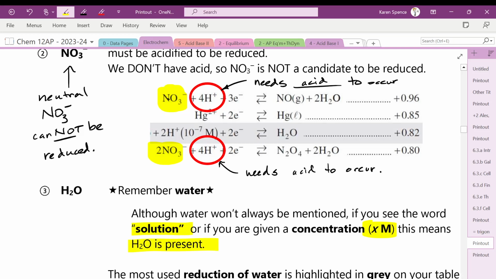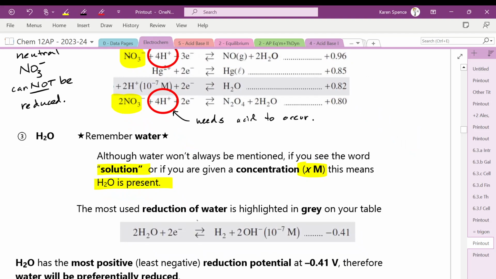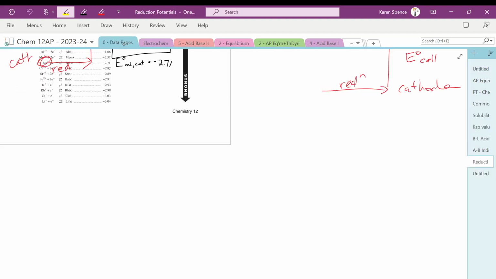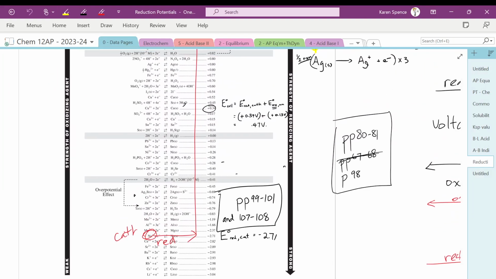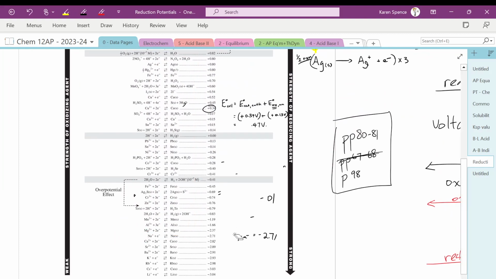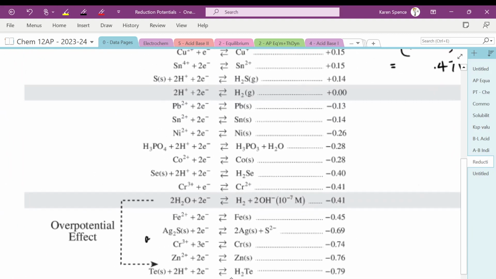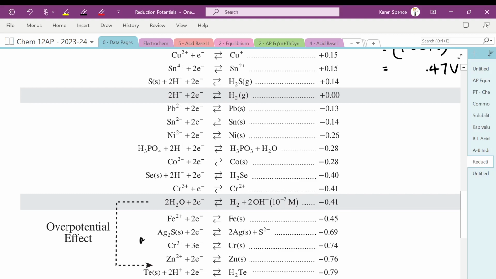So now water, the most used reduction of water is highlighted in gray on your table. I would like you to go and find the reduction of water on your table, please. Okay, do you guys see it? Yes? All right. So it has a reduction potential of negative 0.41 volts.